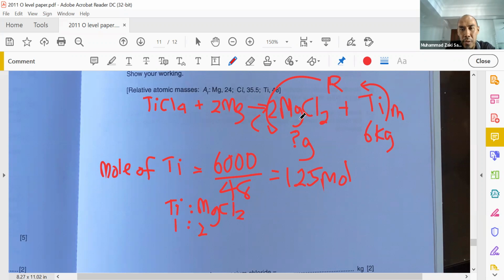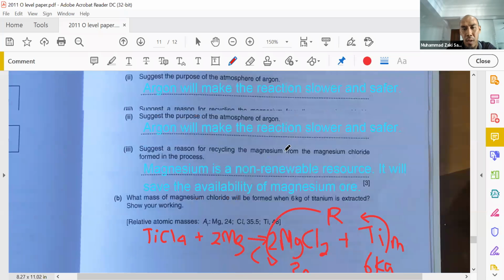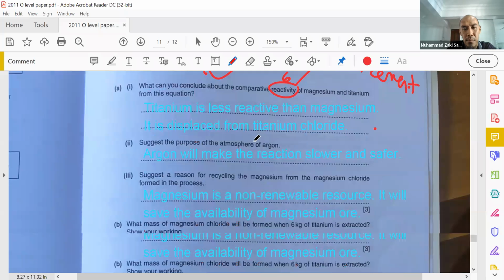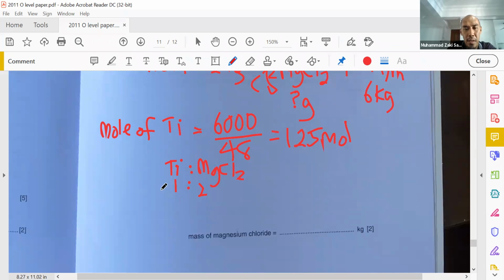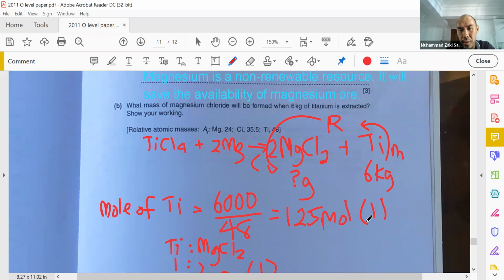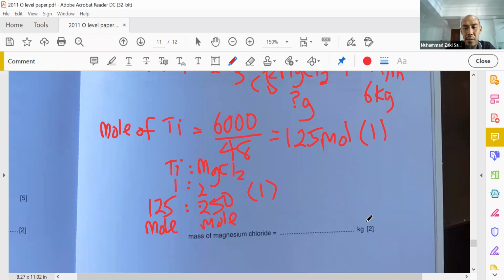If you don't believe me, look here, 1:2. So if I have 125 mole of titanium, I will have 125 times 2, which is 250 mole. This is another mark. I don't know how to distribute the marks, but I just do these 3 steps.